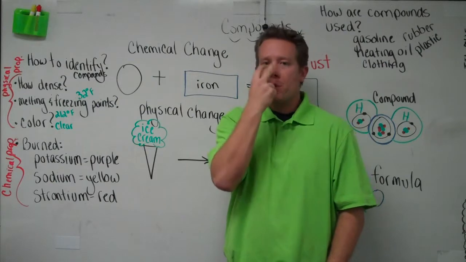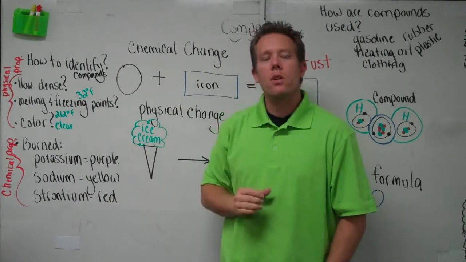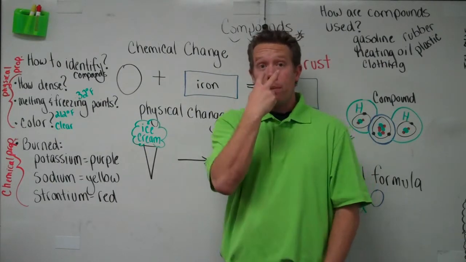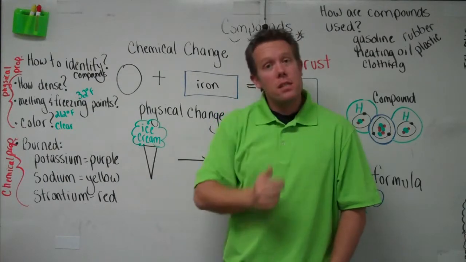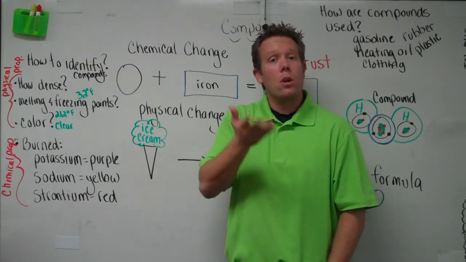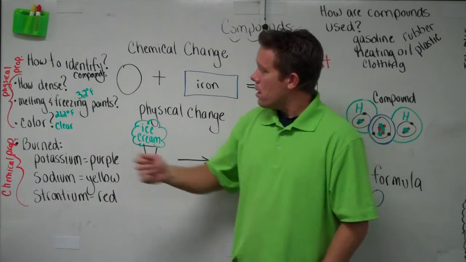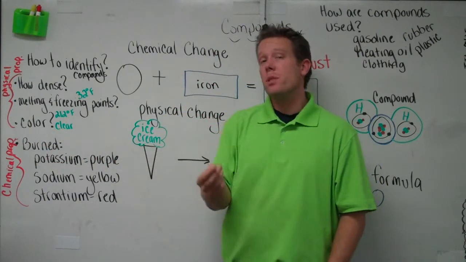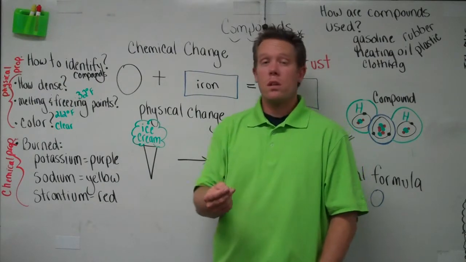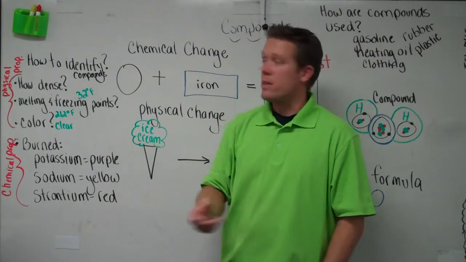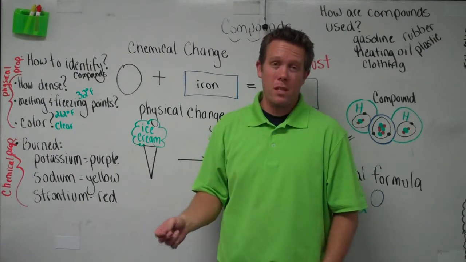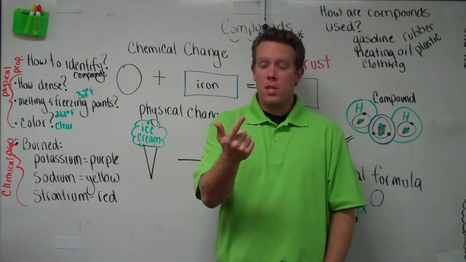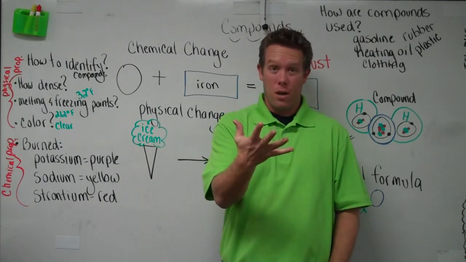At what temperature with your eyes can you see it start to freeze? At what temperature with your eyes does the compound start to boil? What color is the compound? These are some things that you can use to determine what kind of compound it is. And these are the physical properties of the compound. Okay?